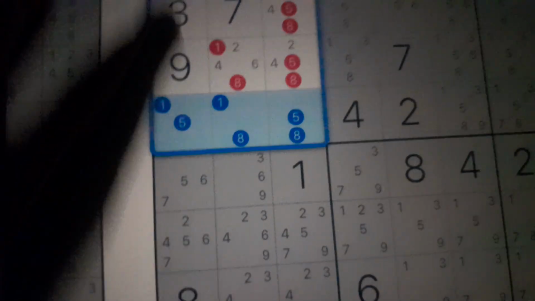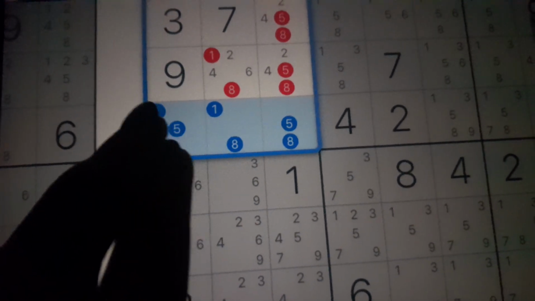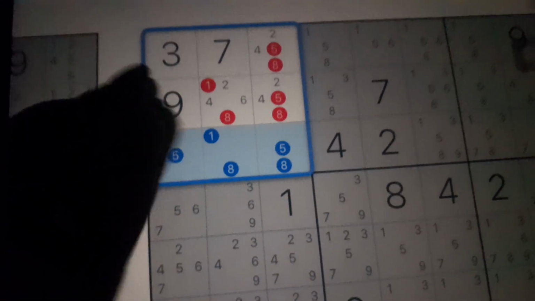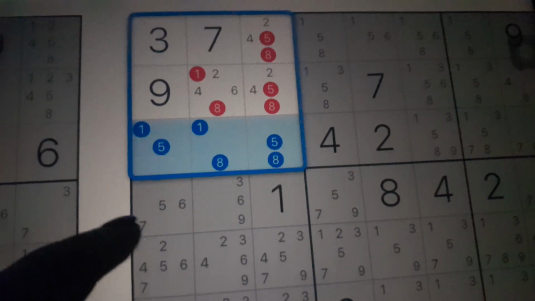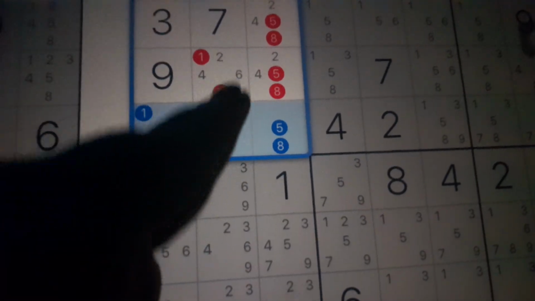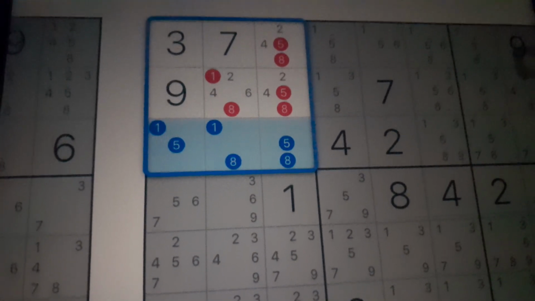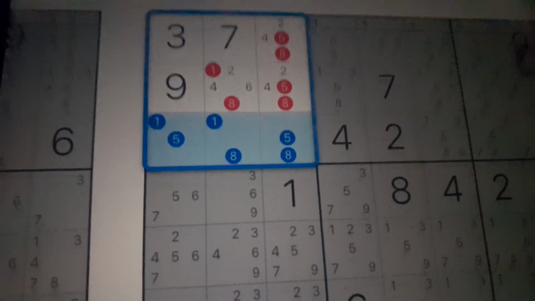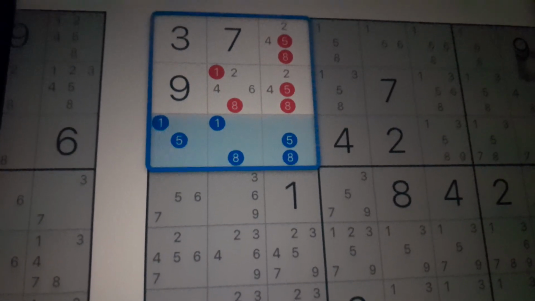You need 3 cells that only have 2 numbers that are somehow in common. Like you need 3 pairs. In this example, 1 5, 1 8, 5 8. As another example, 1 2, 2 7, 1 7. Or 3 6, 6 9, 3 9.